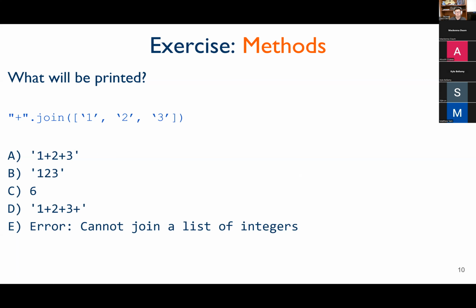All right, we have a strong consensus on this one. We'll stop the vote. Most of us got this one. It's A, right? You use this plus as a separator to connect them. And that's 1 plus 2 plus 3, right? So that's the join method from a string.